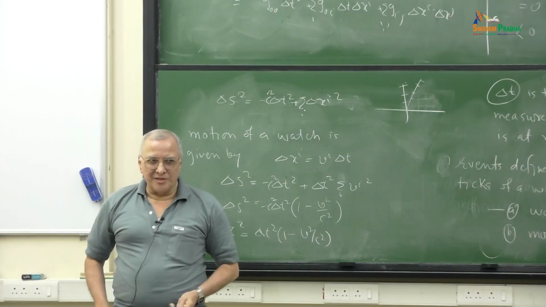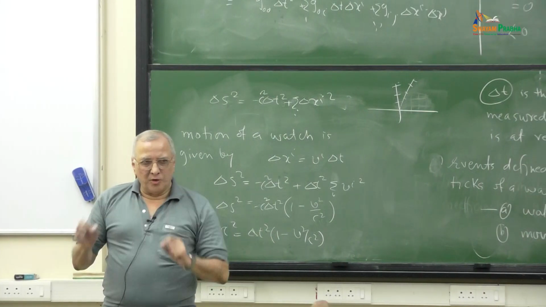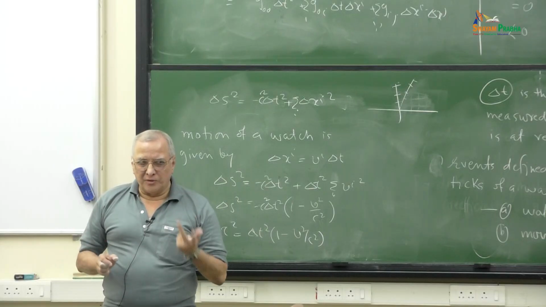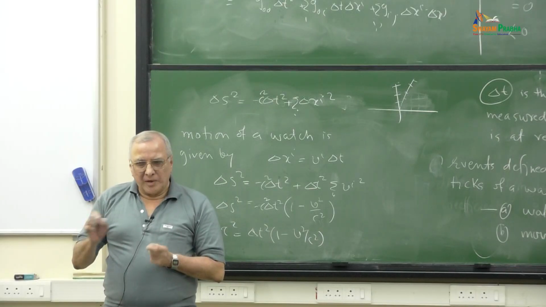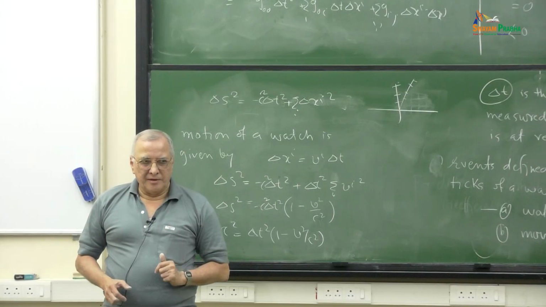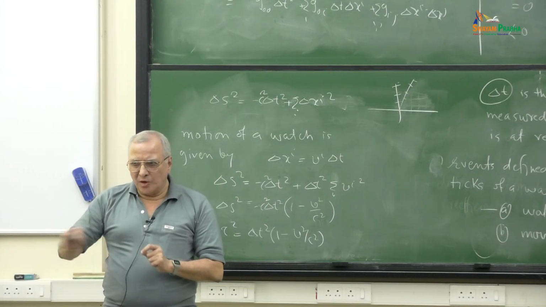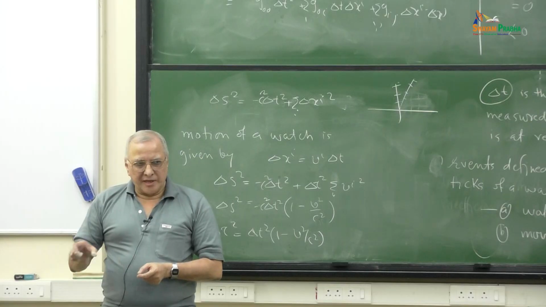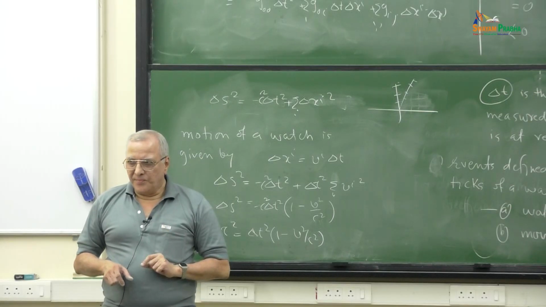I will repeat my sentence. I have defined two events in two different ways. But events are always defined by saying there is some watch which is giving tick, tick, tick. So two consecutive ticks are defined wherever the location is on the map, delta x1, etc., and delta t.